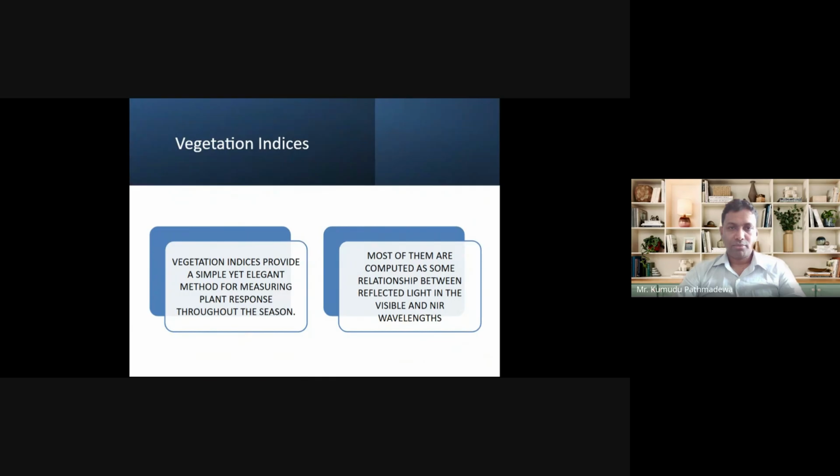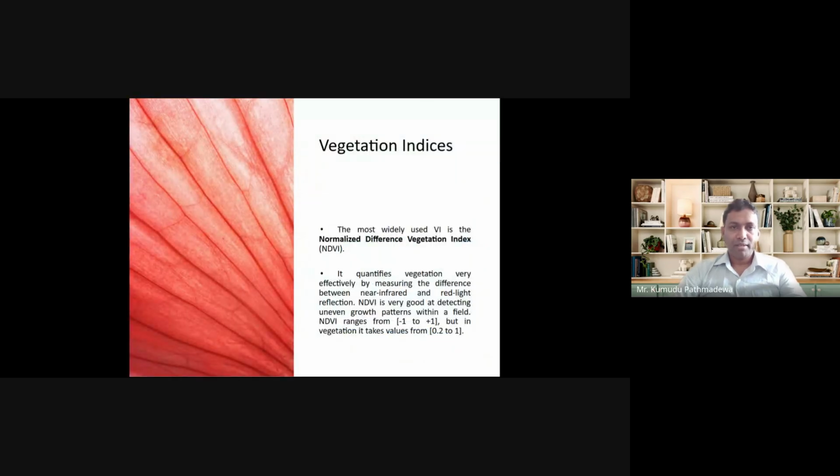So next, what are these vegetation indices? The most widely used vegetation index is NDVI, meaning normalized difference vegetation index. So NDVI is equal to near infrared minus red region.